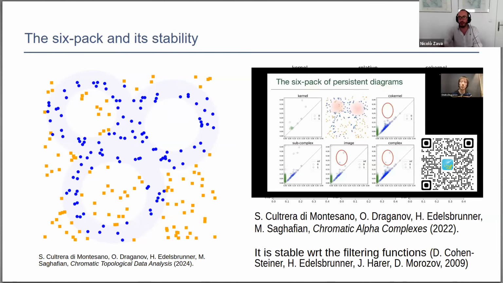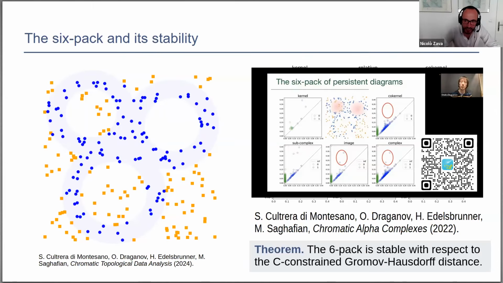If you want to know more about this stuff, Ondřej gave a nice presentation in the same venue about this whole chromatic topological data analysis. He also showed a bit of code, so how you actually compute these diagrams. What I would like to focus on is that we can show that the six-pack is stable with respect to the C-constrained Gromov-Hausdorff distance. So it's a generalization of their stability using our geometric approach.